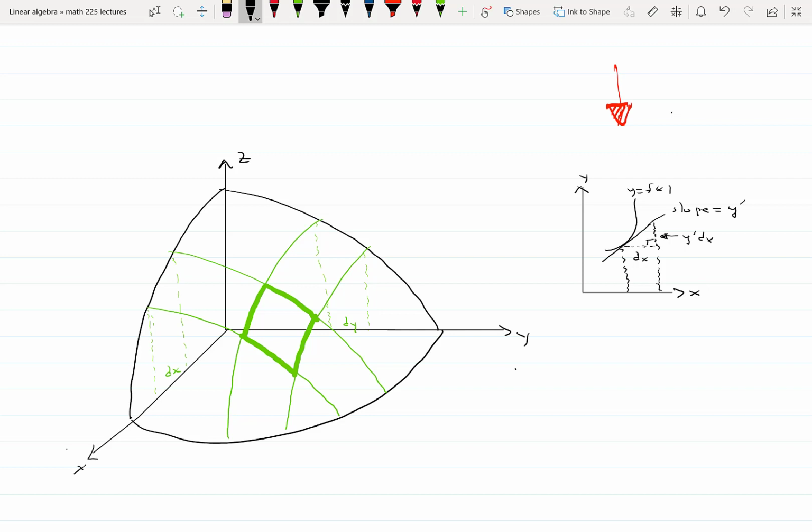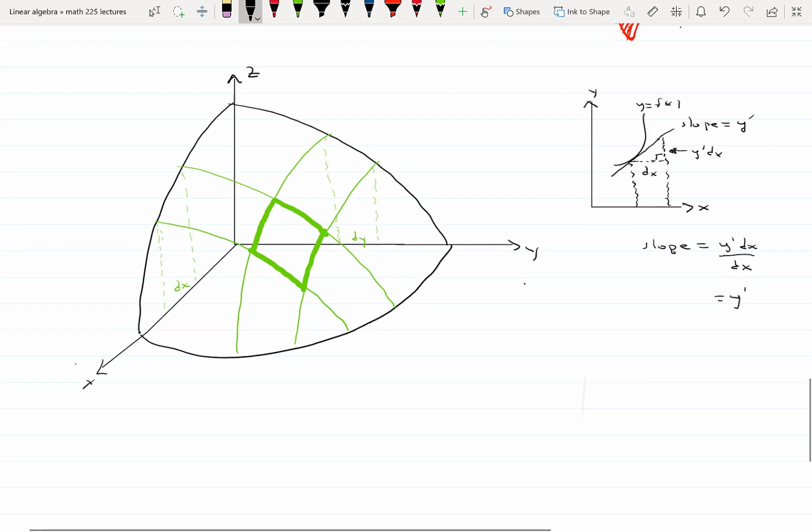That's easy to see because we know that slope equals rise over run. So if we take that y prime dx, the rise, and divide it by the run, the dx's cancel and we get y prime. It's a really nifty way of connecting rise and run with the derivative.